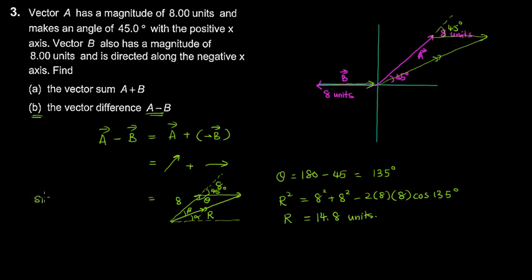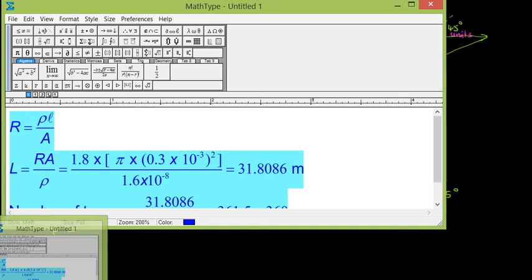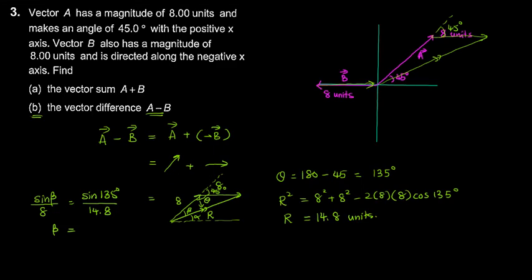You get sine beta over the opposite length, which is 8, equals sine 135, which is this angle, over the opposite, which is r. What is r? r is 14.8. So beta will be equal to 22.5 degrees, right?